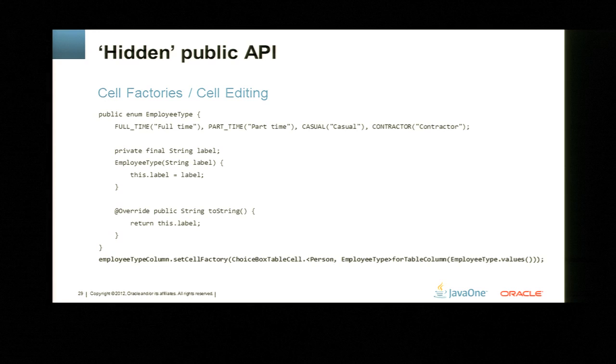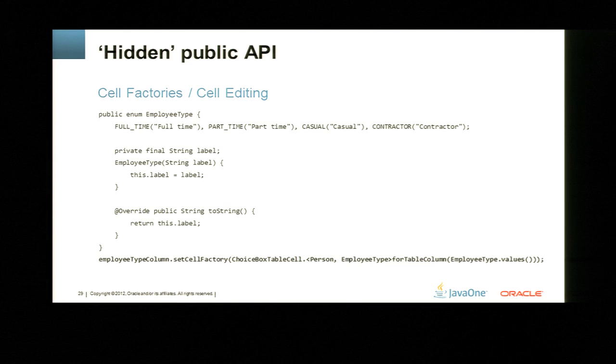So another example, just briefly, quite often when you have a table view, some columns represent that the user, for example, is a full-time employee or a part-time employee, casual or contractor. So oftentimes you just want to present a constrained number of choices. So in this case, what we're doing at the very bottom line is we're creating a cell factory that uses the choice box table cell.